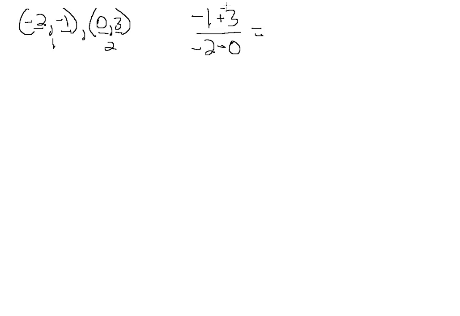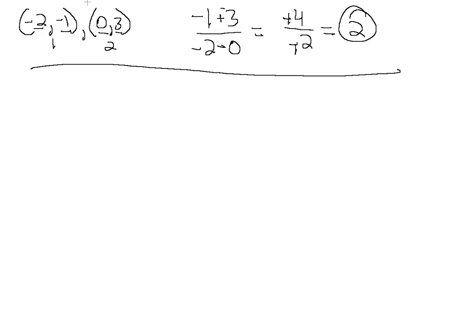This gives us, let's add a negative, a -4 over a -2. The negatives cancel, and 4 over 2 is the same as 2, so we have a slope of 2. Okay, let's make sure we didn't make any mistakes. 3 minus -1, okay. So the slope of this is 2.